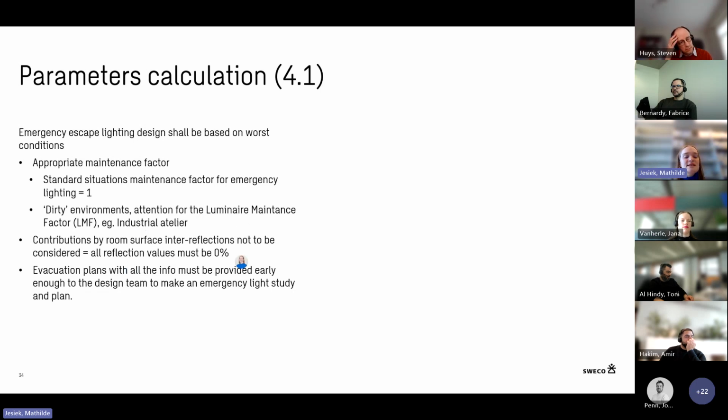Then if you do an emergency lighting calculation in Dialux, all reflection values must be on 0%, so you don't count any reflections. Normally the software takes this into consideration if you're in emergency lighting mode.